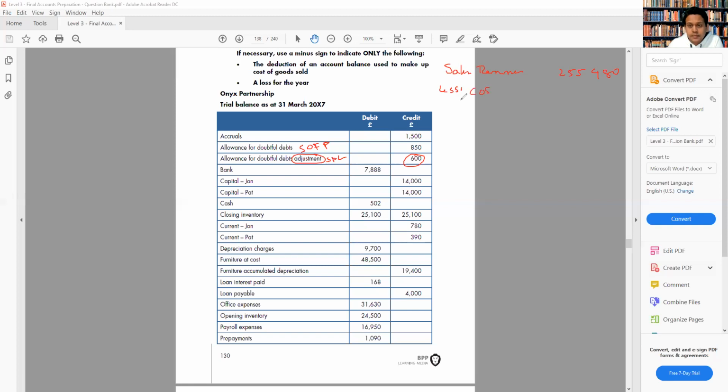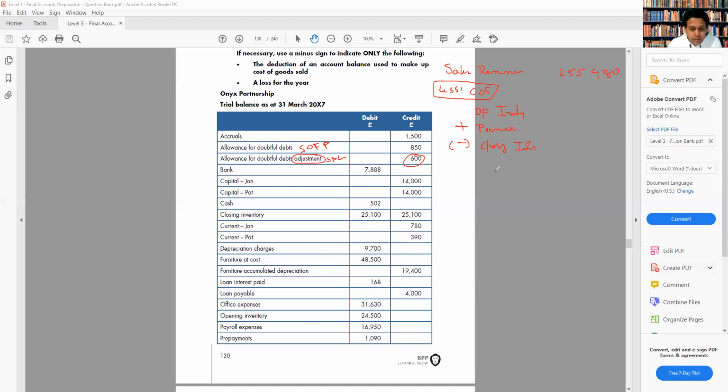The cost of sales is opening inventory plus purchases less closing inventory. So let's have a look at how much we have for the opening inventory and the closing inventory in this question.